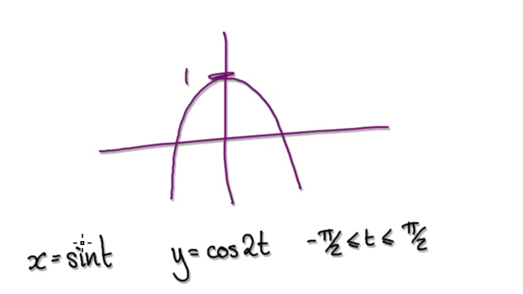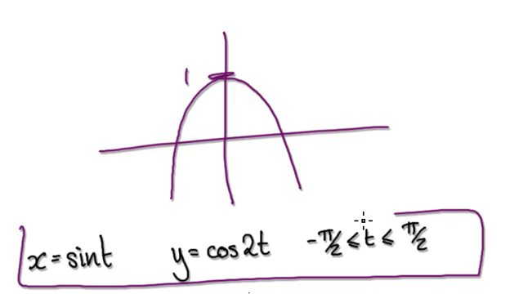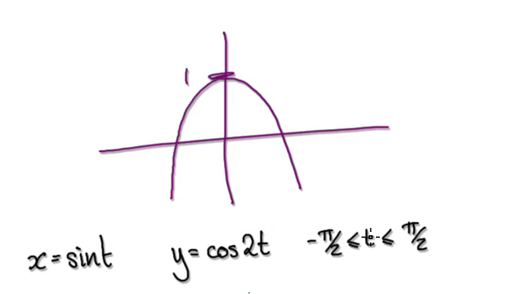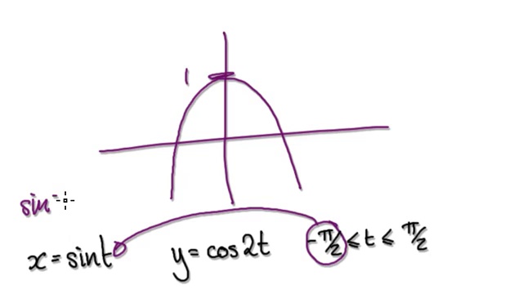So we need to know the starting point. So refer back to the original question. It's saying t from negative pi over 2 to positive pi over 2. So let's try and identify our starting point. So starting point would be from negative pi over 2. So put it into here. So that would be sine negative pi over 2.